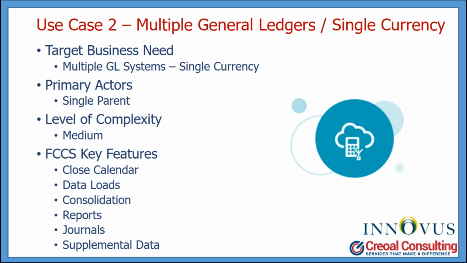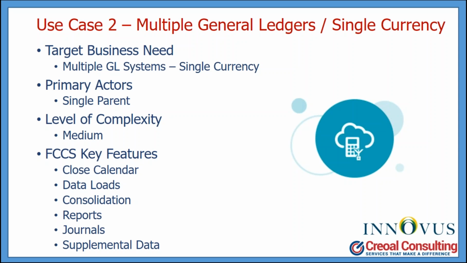So some key features of FCCS, and RJ is going to show a good bit of these when we get into the demo, that we feel make this product excellent and a great tool for streamlining these processes. It has a close calendar. That close calendar is easily integrated with FCCS. You can take your current close schedule if you have it in Excel, download a template from the FCCS system, load your close schedule and import that template.